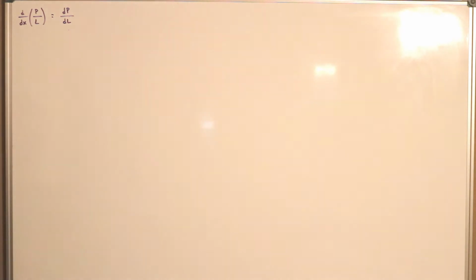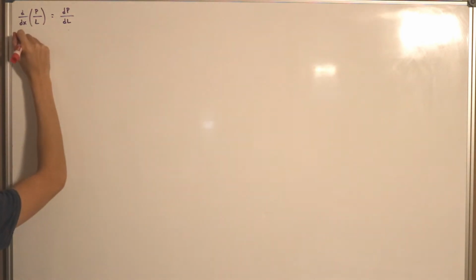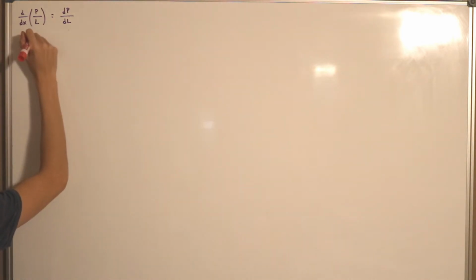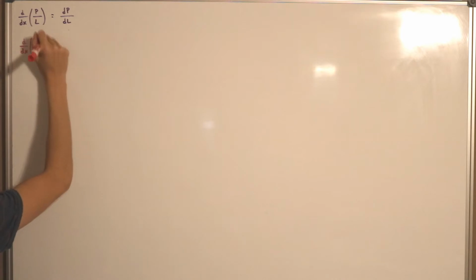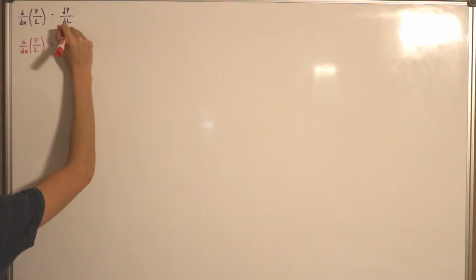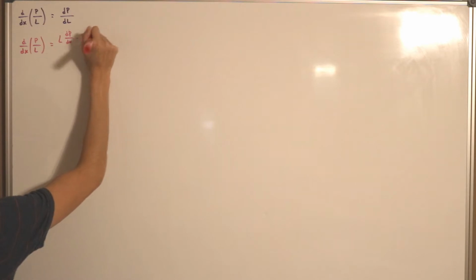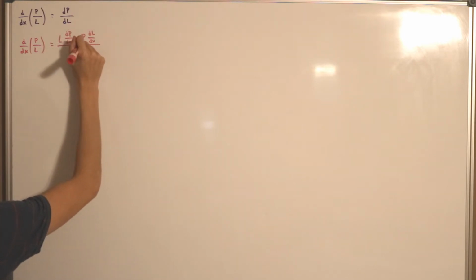The left-hand side is the derivative of P over L, so I can write the full derivative as d/dx of P divided by L, which is equal to L dP/dx minus P dL/dx, all divided by L squared.